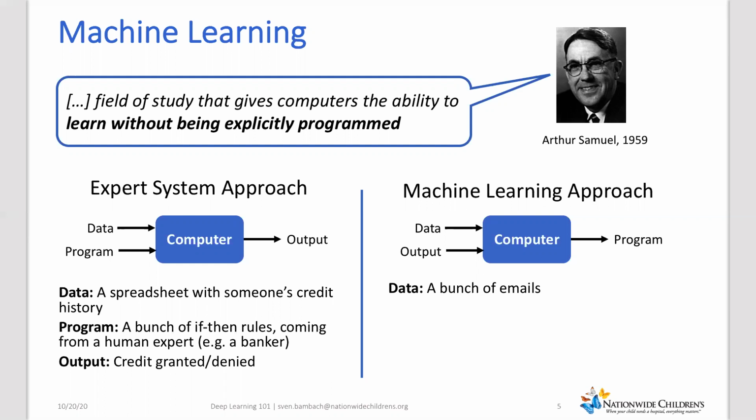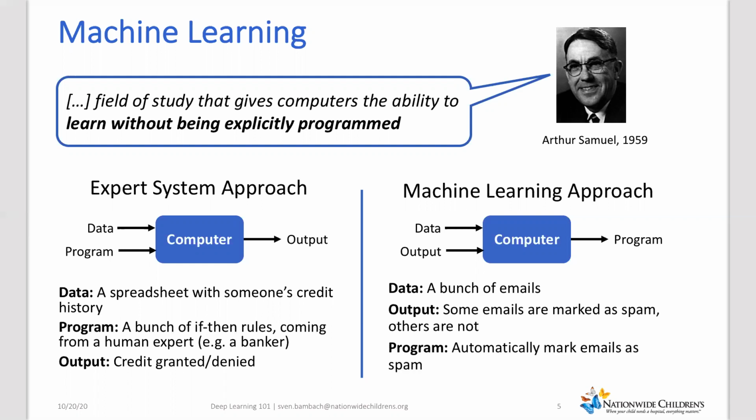So you can provide the computer with a bunch of emails that are labeled as spam or not spam. And then what you want is for the computer to use these example emails to somehow come up with their own spam filter, right? That can then correctly classify emails as spam or non-spam on its own, right?